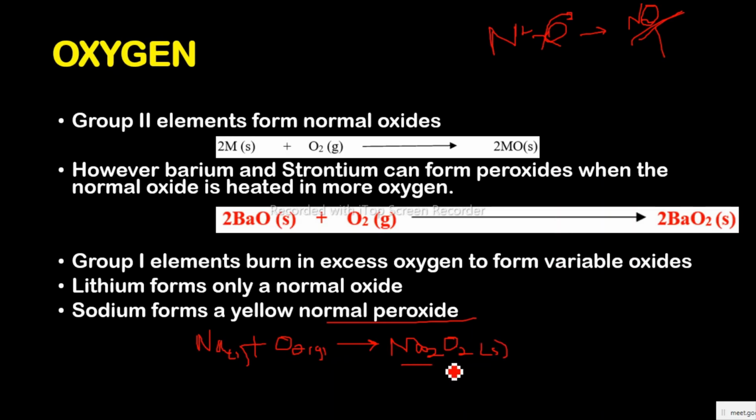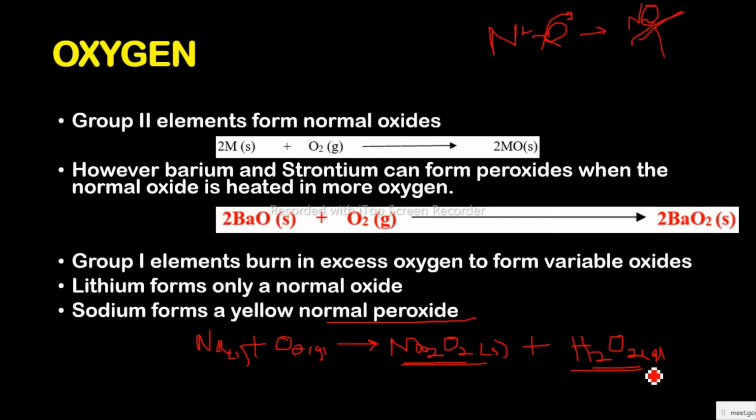So this is a peroxide. And if we dissolve this in water, for instance, then we shall produce hydrogen peroxide and sodium hydroxide solution.